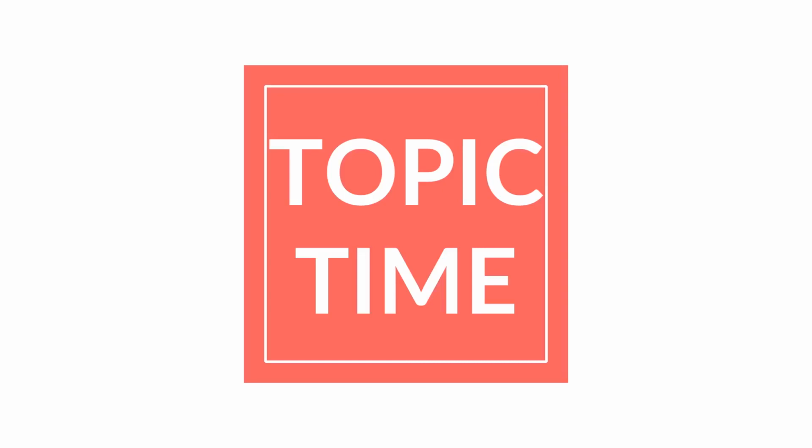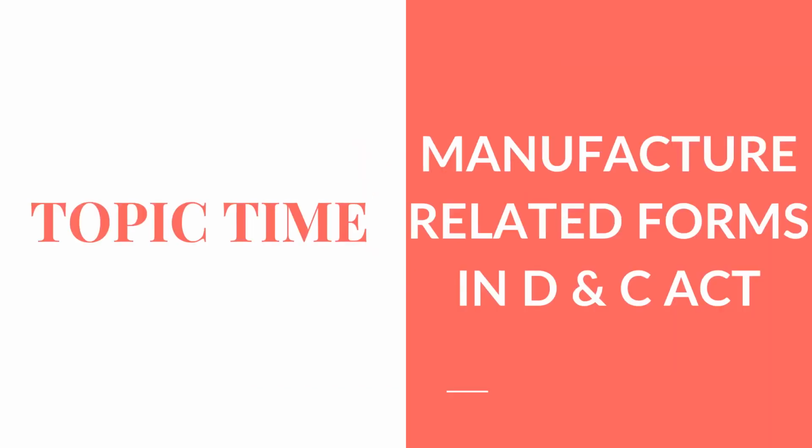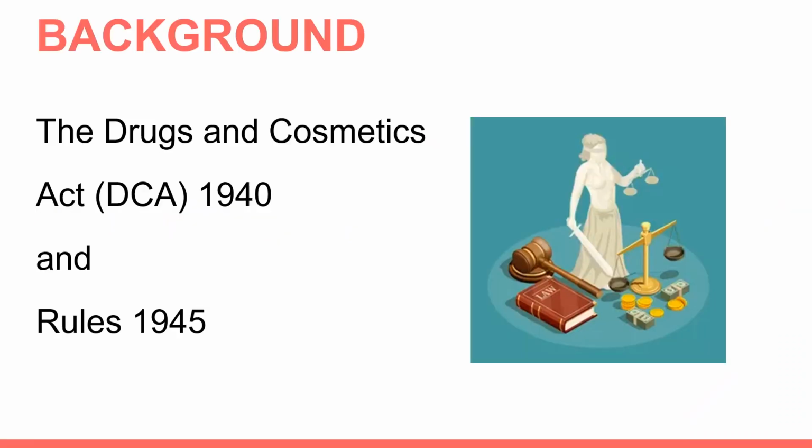Welcome to Topic Time. In this Topic Time, we discuss manufacture related forms in the Drugs and Cosmetics Act. The form numbers are a main area asked in competitive exams. Hence, we have to learn it in detail.